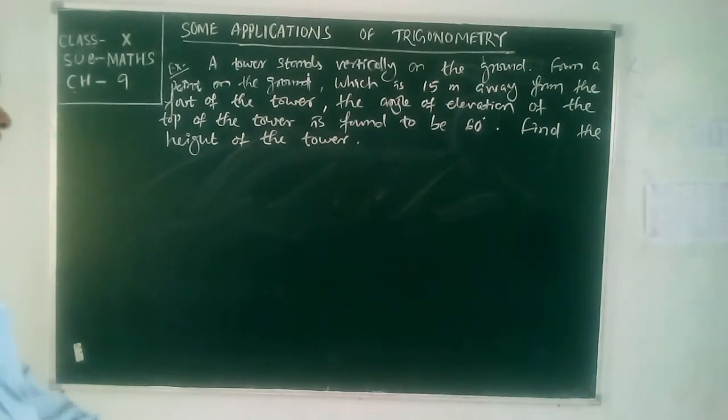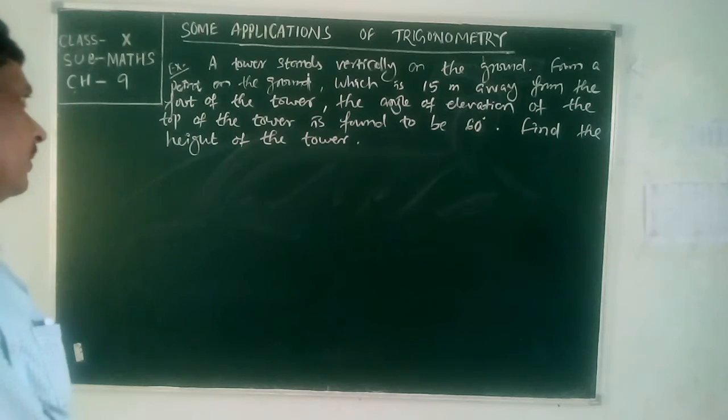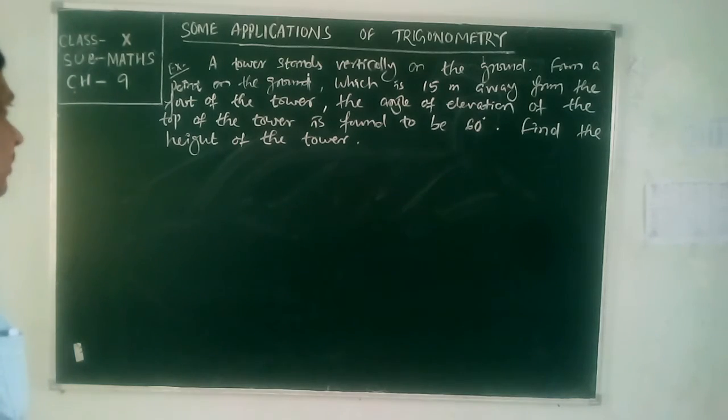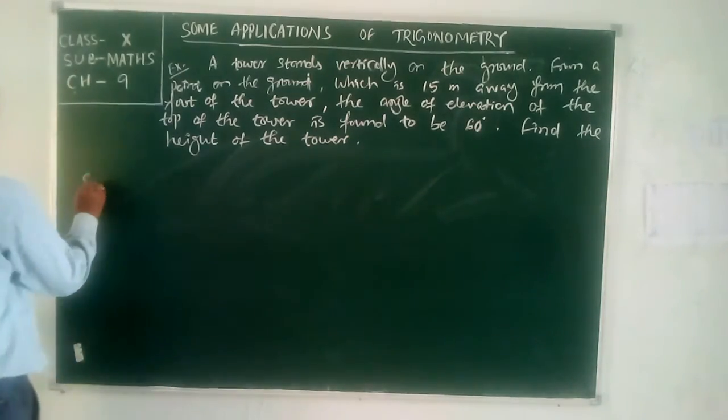From a point on the ground which is 15 meters away from the foot of the tower, the angle of elevation of the top of the tower is found to be 60 degrees. Find the height of the tower. How can it be solved?